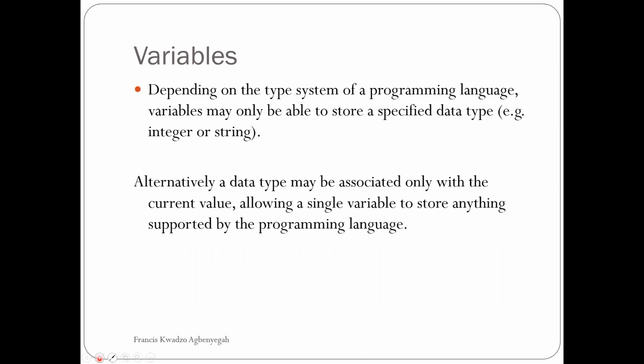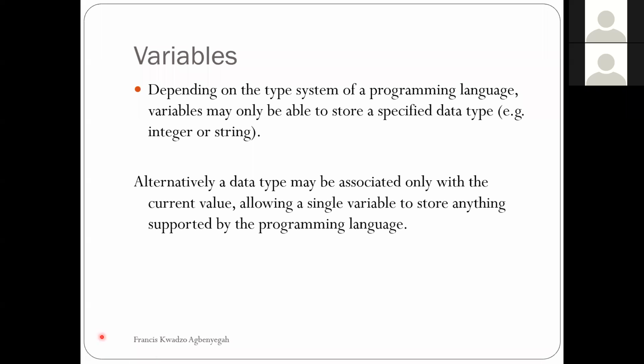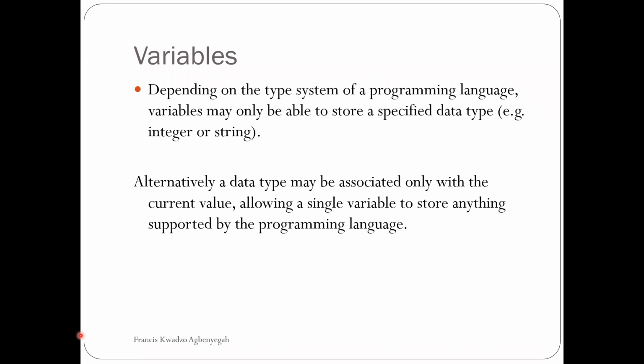Depending on the type of system programming, a variable may only be able to store some specific data types. As we move on, we will learn what data types are. Depending on what you are doing, you as a programmer have to assign some kind of data type to the program that you are running. For example, the name of a student has to be text, or a string, and the age of the student has to be a number.